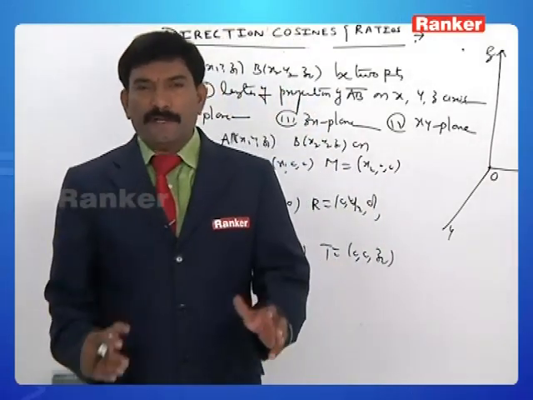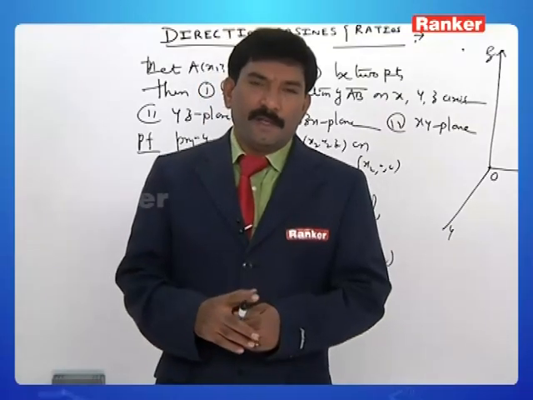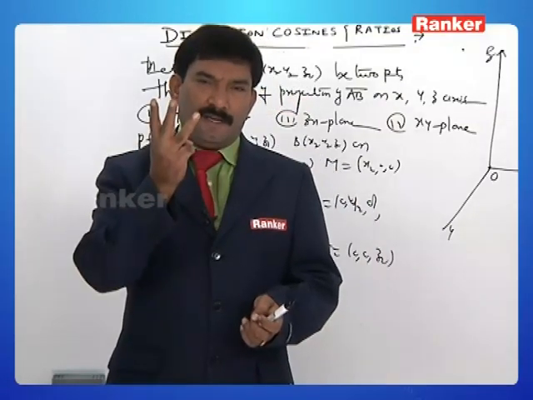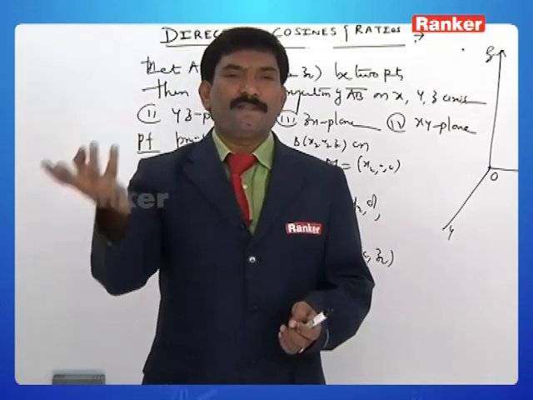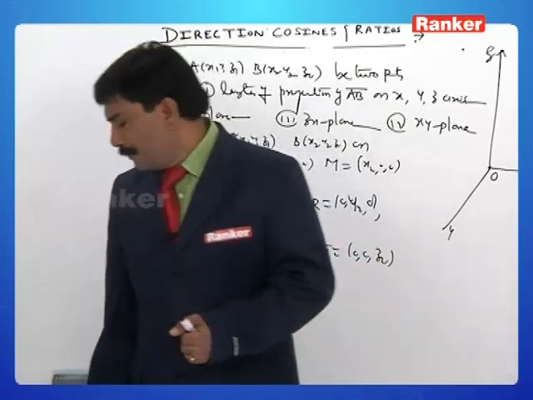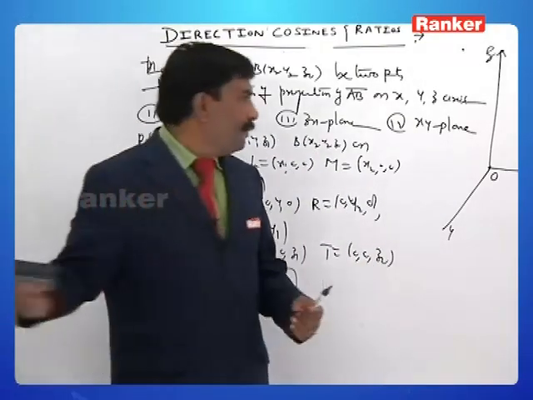In the same fashion, I can go for the 3 coordinate planes. How many coordinate planes? 3: xy, yz, zx respectively. These are the coordinate planes. Let us see how you can find this.